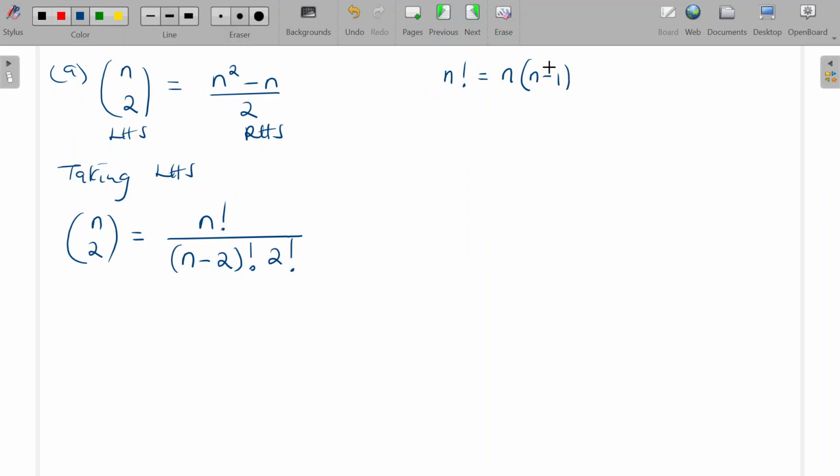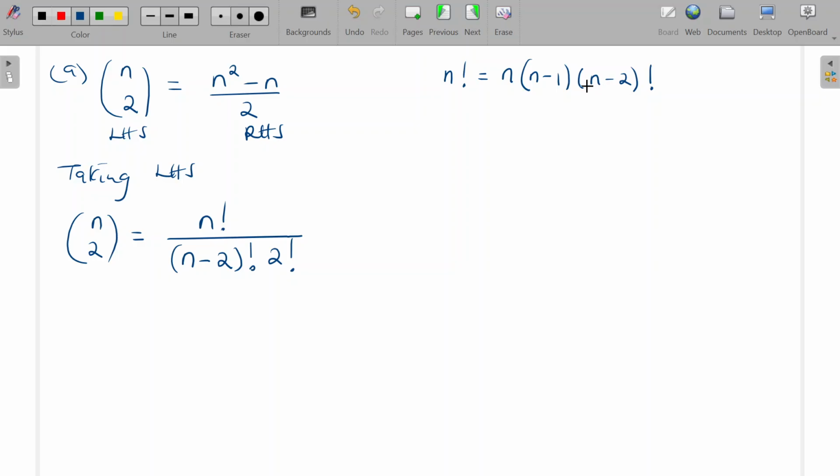Again, this one is going to multiply with another number which is less than this number by 1, which is just n minus 2. So this can be continuous as long as you have a number. The n, you don't know what n is, so it can be n minus 3, n minus 4, n minus 5, just like that. So n factorial is the same as this.